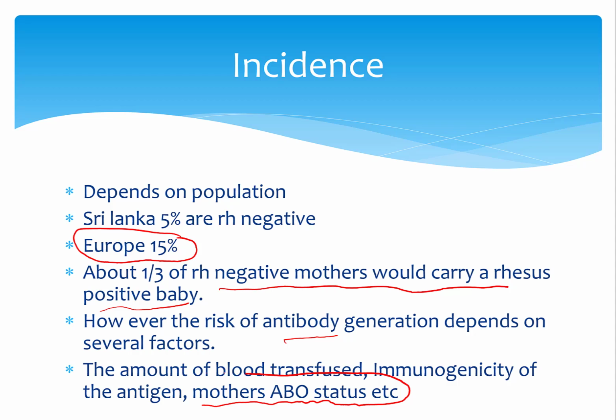So that is a protective mechanism. Because of that, if the ABO groups are also different, they will not have much chance of generating antibodies. So the amount of blood, the immunogenicity of the type of antigen, and the mother's ABO group are all important factors in determining the risk of antibody generation.